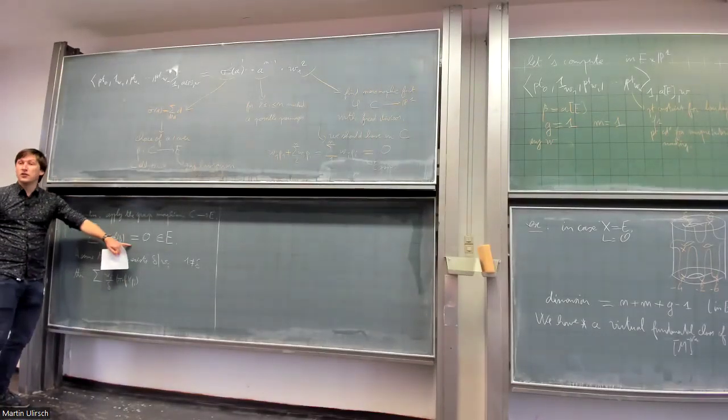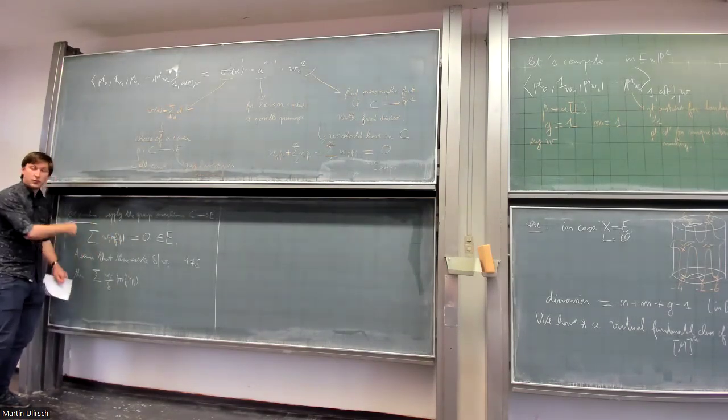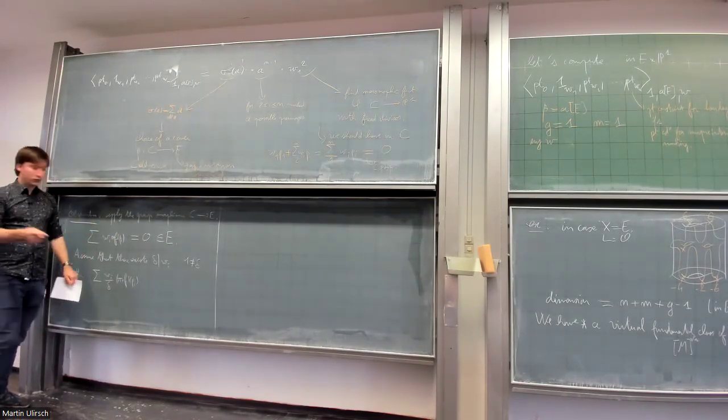Then it's not necessarily 0 anymore. But we know that when you multiply by delta, it needs to be 0. So it's some torsion element.